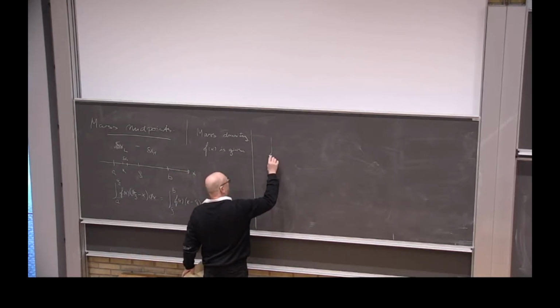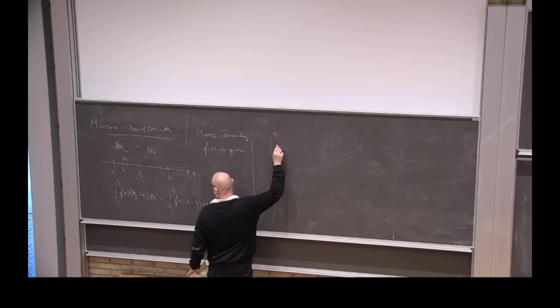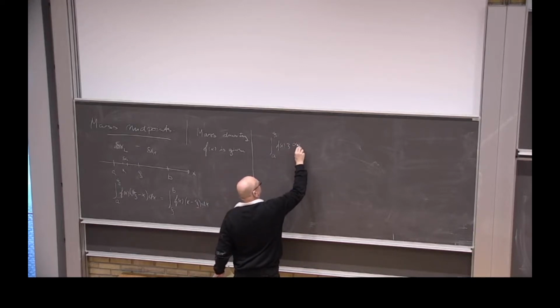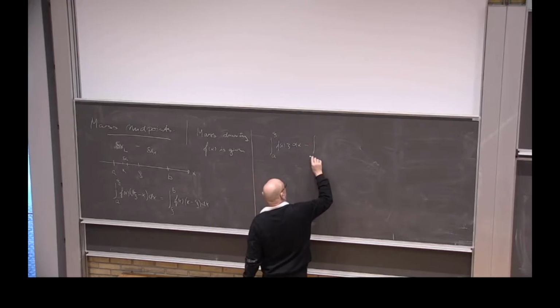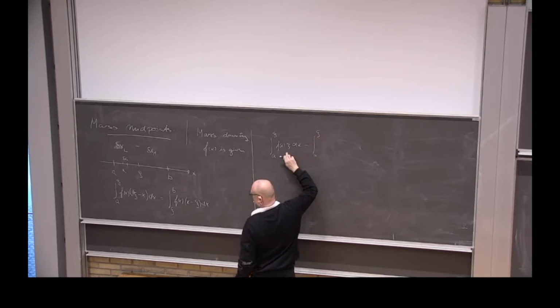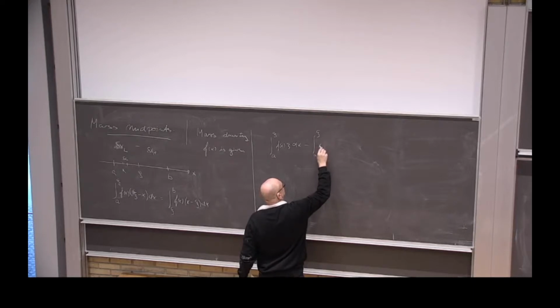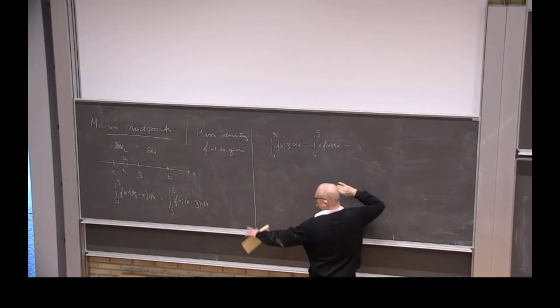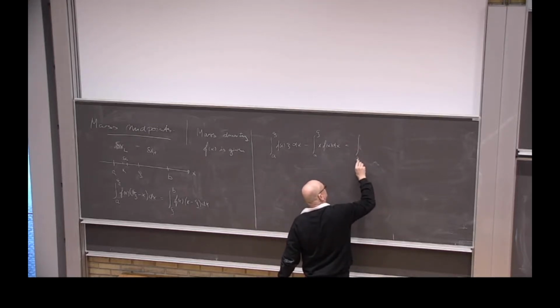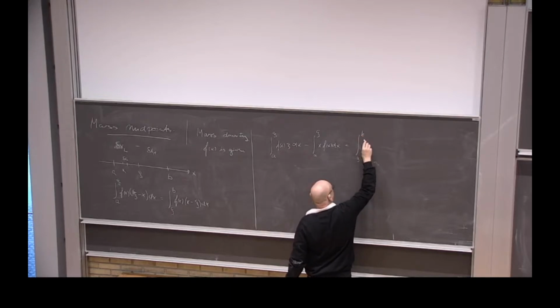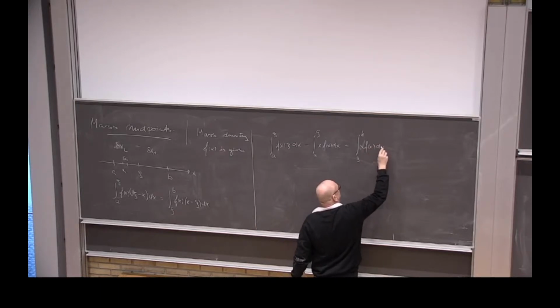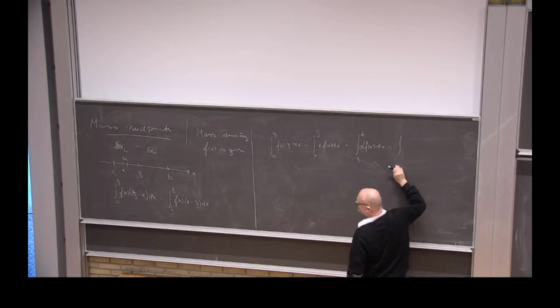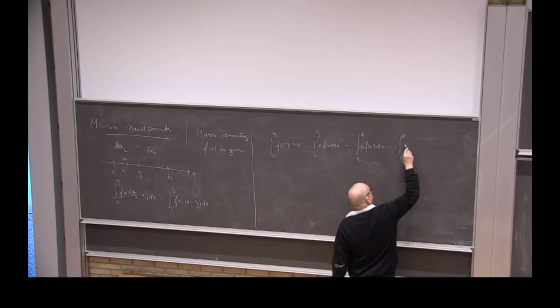On the left-hand side, I have the integral from a to c of x f(x) dx minus the integral from a to c of c f(x) dx, and this is equal to the right-hand side, the integral from c to b of x f(x) dx minus the integral from c to b of c f(x) dx.